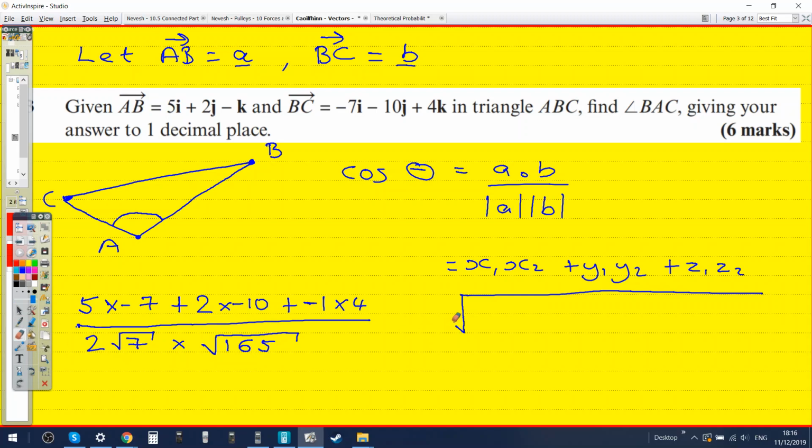And so what do you do next? Degrees. Does theta equal cos to the minus 1 of all of that? Well done. Arc cos of all of that, and that is the angle.